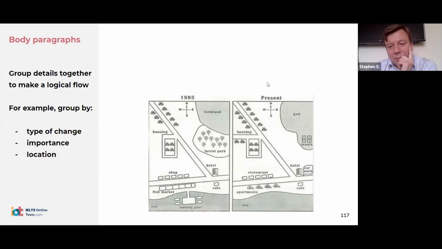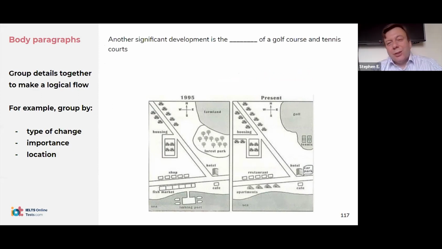Right. Let's have a look at the next part. Another significant development is the something of a golf course. Well, if my camera's frozen, don't worry, as long as you can still hear me, I guess.